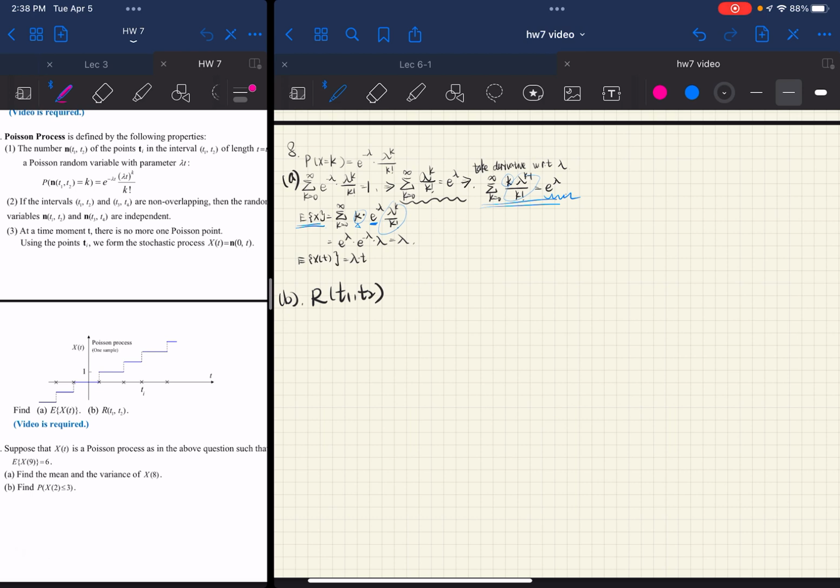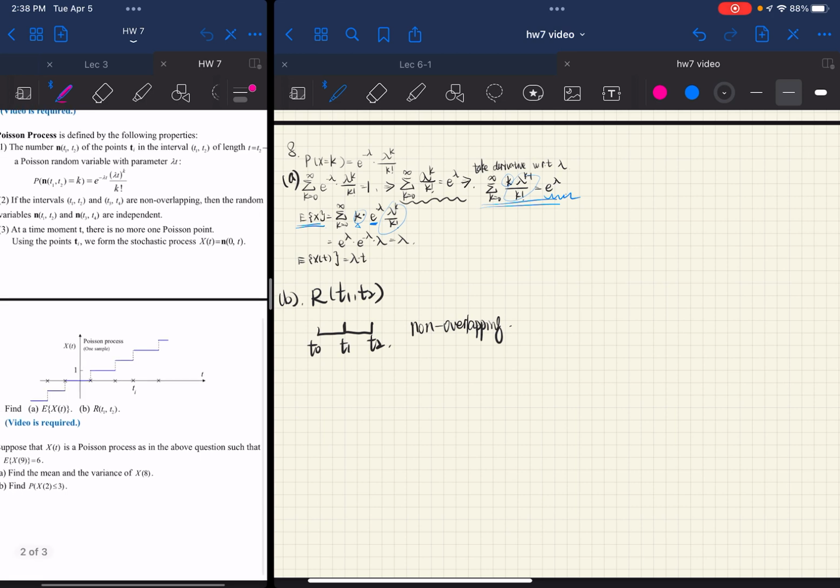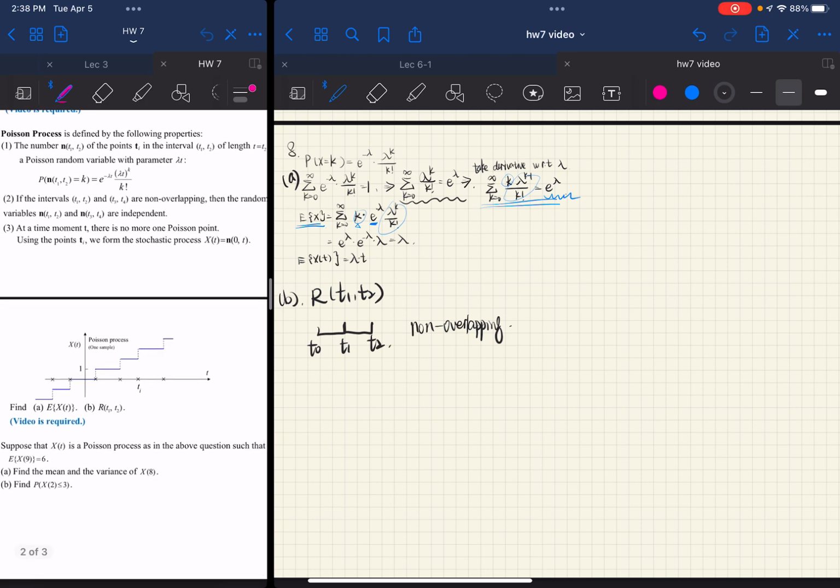So here we have two intervals, which are 0 to t1 and t1 to t2, and they are non-overlapping. So the random variables are independent. We just plug in the formula and we get the expectation of X(t1) times X(t2).